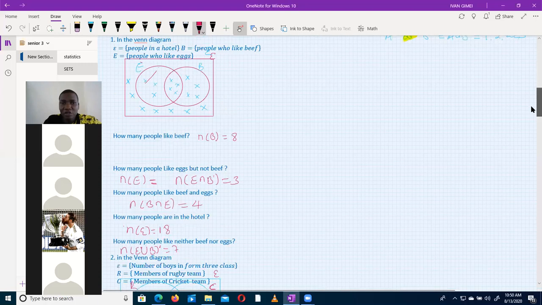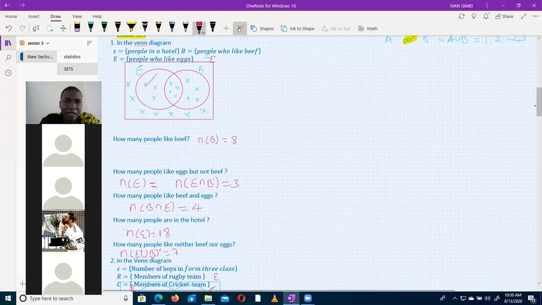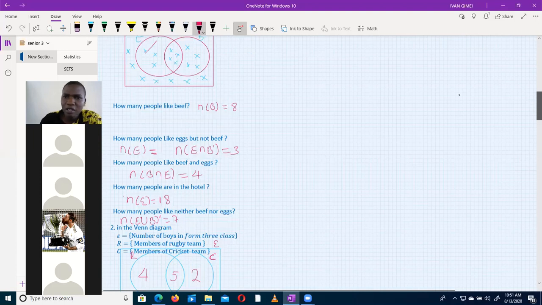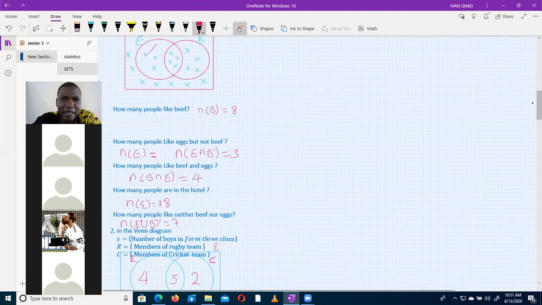The most important thing you should know is how to represent simple statements in set notation form. How do you change a statement into set notation form? If you do that well, then you'll get it well. So if they say how many people did not like eggs and beef?